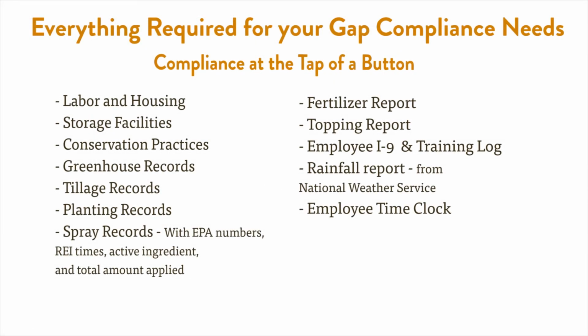The system will compile all the required information for GAP compliance, such as labor and housing, storage facilities, conservation practices, greenhouse records, tillage records, planting records, spray records with EPA number, REI times, active ingredients, and total amounts applied, fertilization reports, topping reports, employee I-9 and training logs, rainfall reports from the National Weather Service, as well as employee time clock.